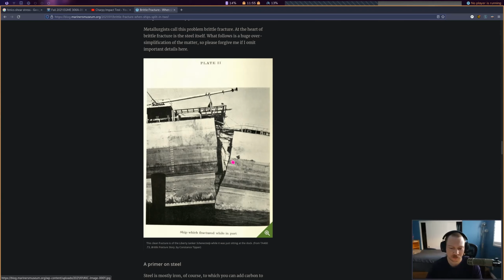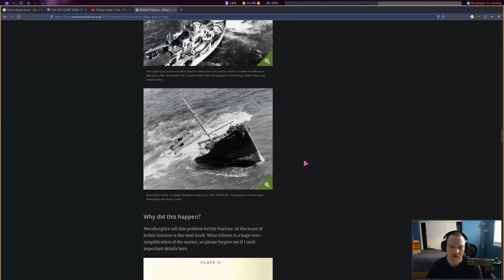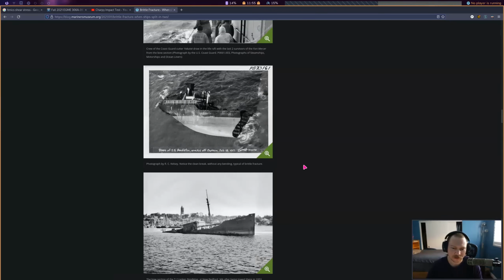A lot of these split into two, and you can see that you have a very clean cut. So here's a really good picture of one of these. And let's see, there's some good ones in here. This one, kind of insane.